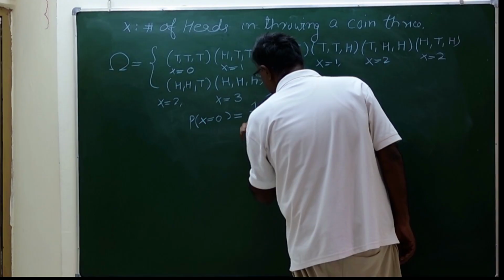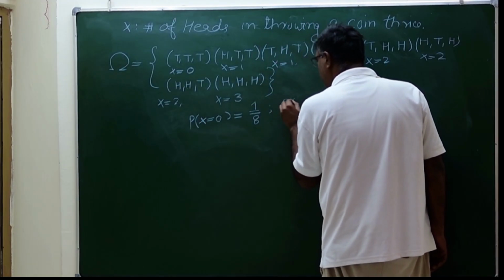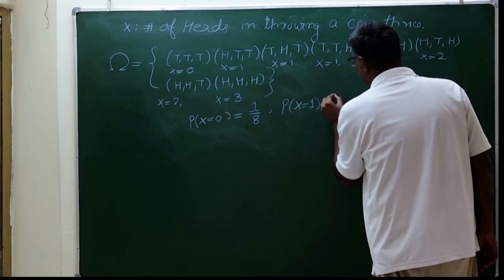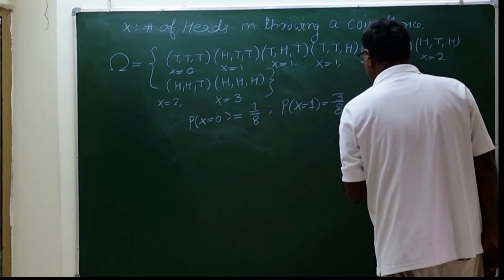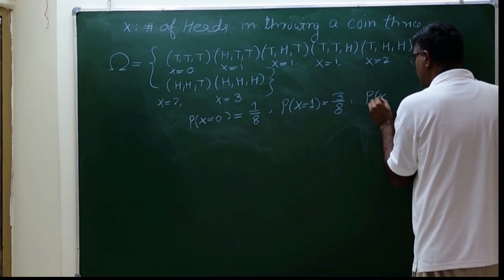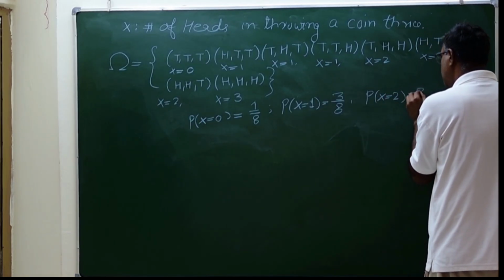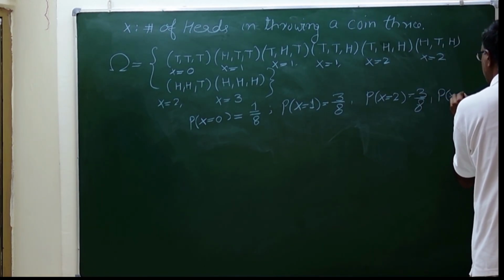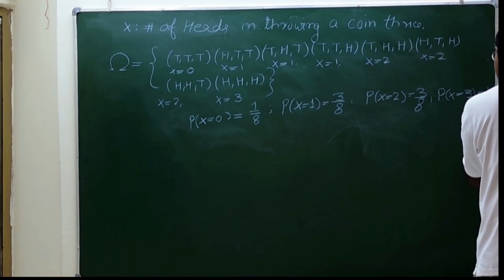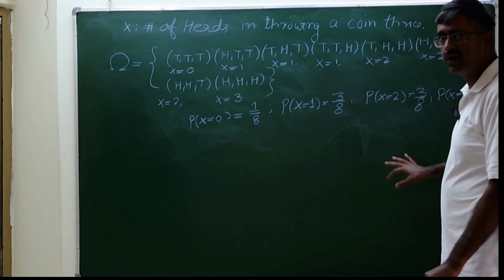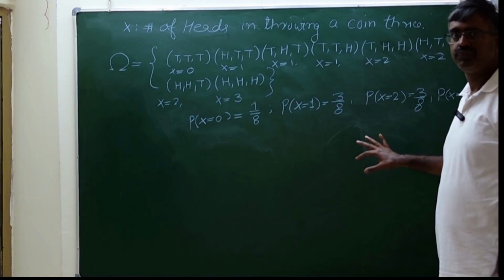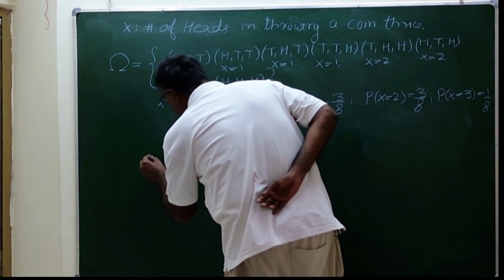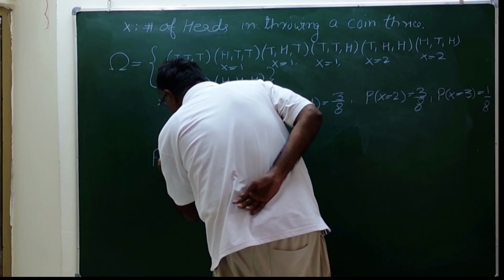The probability of X equal to 1 will be 3 by 8, the probability of X equal to 2 will also be 3 by 8, and finally the probability of X equal to 3 is 1 by 8. So we have obtained the distribution of X. Now we will write the corresponding distribution function F_X(x).